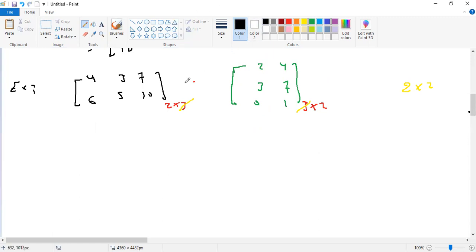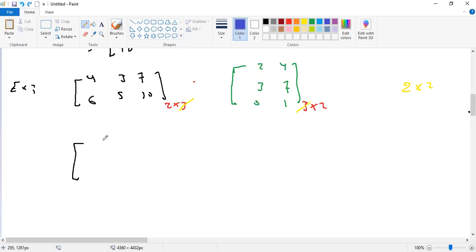Now, see how to multiply in this way. The first row here is 4, 3, 7. We multiply by each column, column 1 and then column 2. So how to multiply by a column?